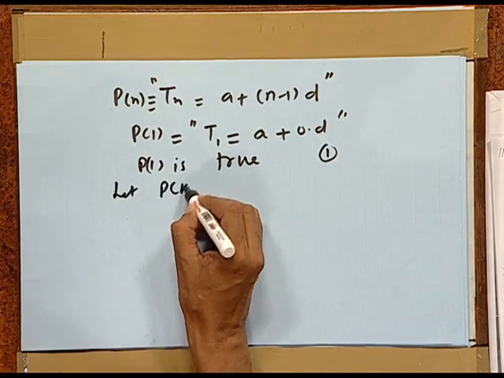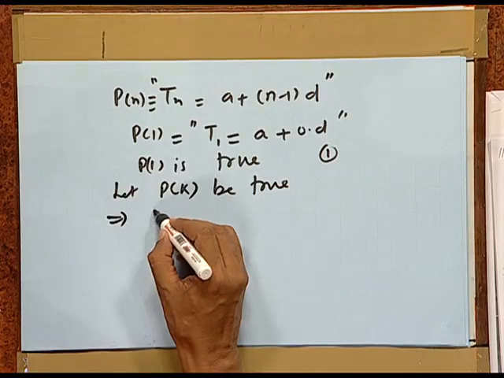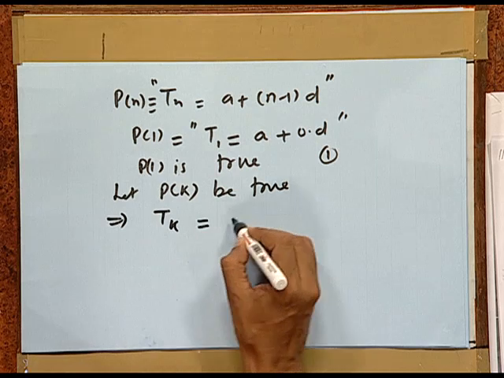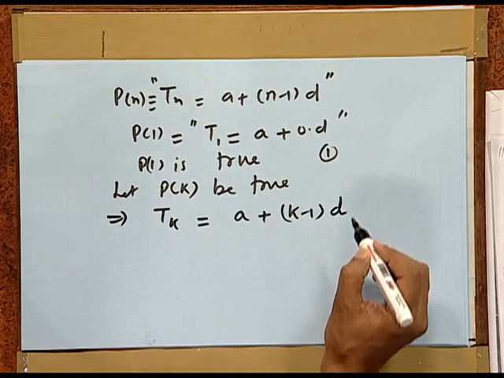Now, we assume this result for k. So, let Pk be true. This means Tk is equal to A plus (k minus 1) d.